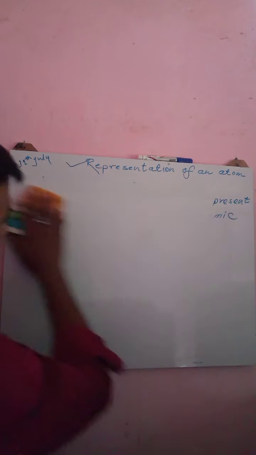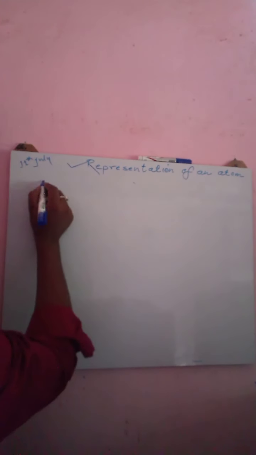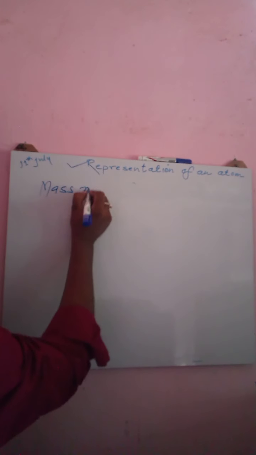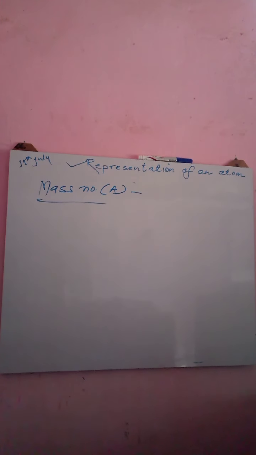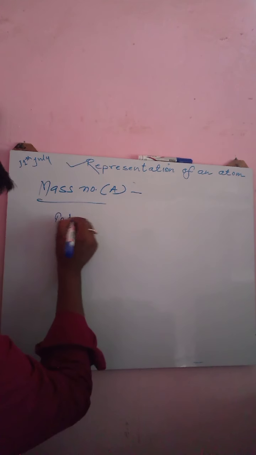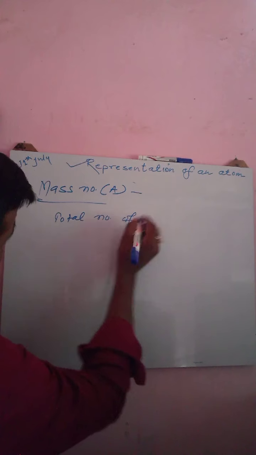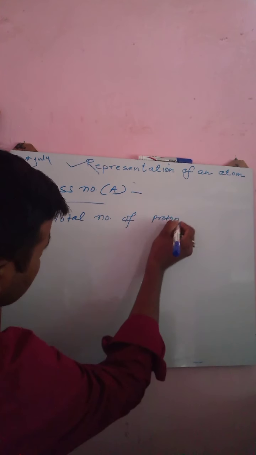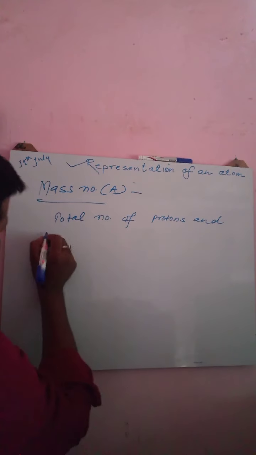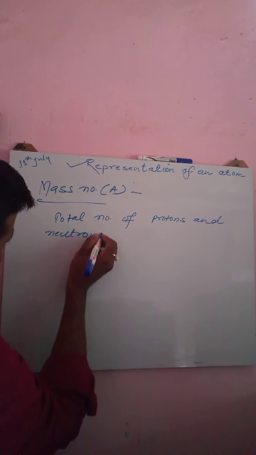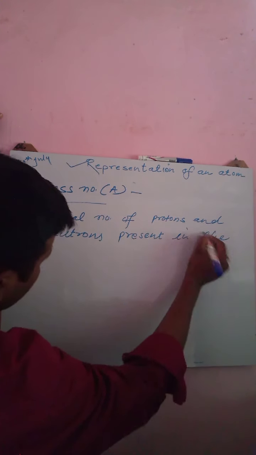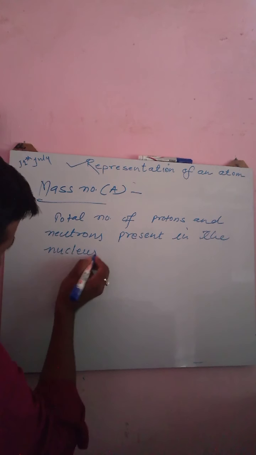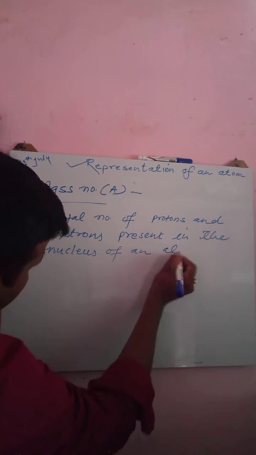Now come to mass number. Sorry, A, not Z. Mass number A can be defined as the total number of protons and neutrons present in the nucleus of an atom.